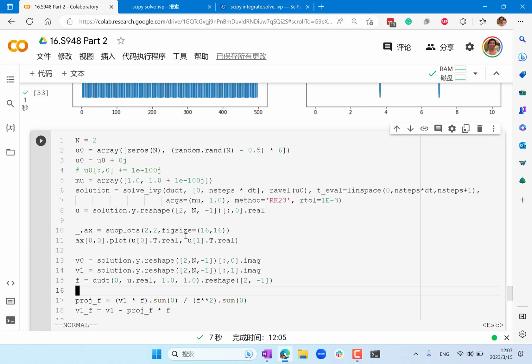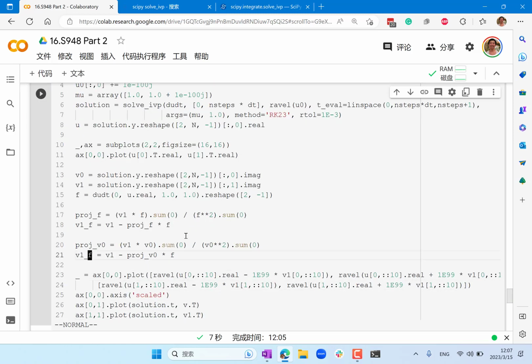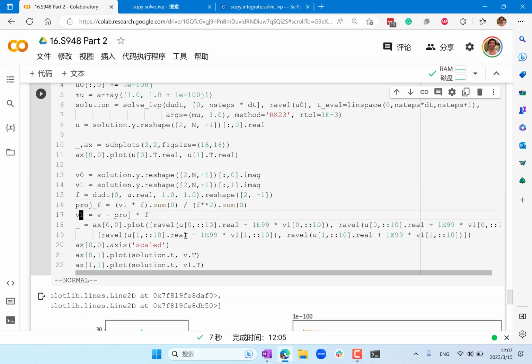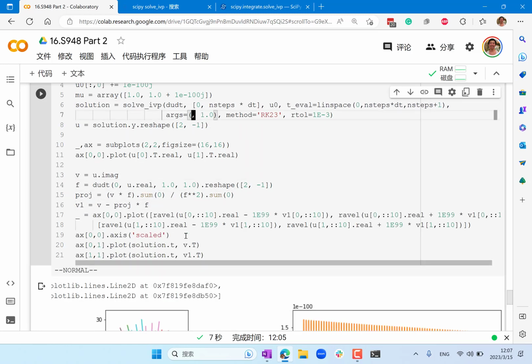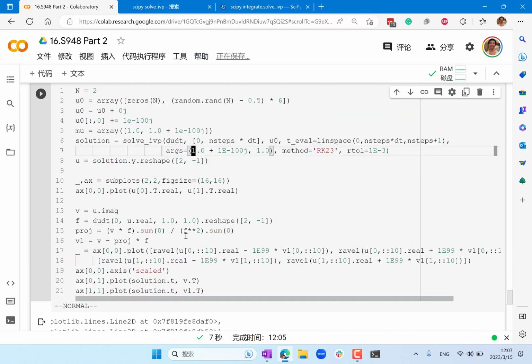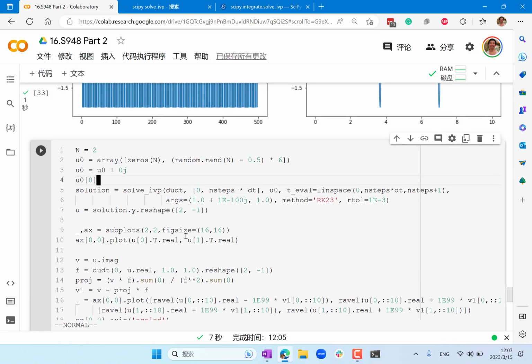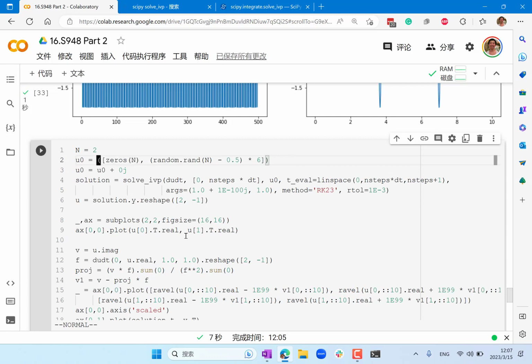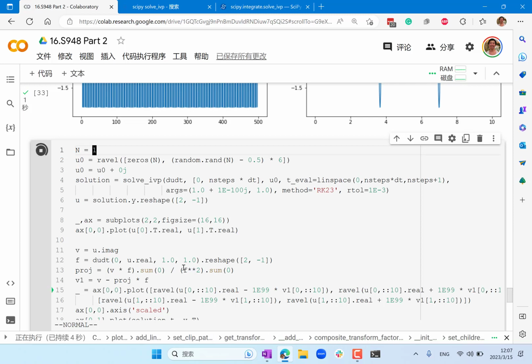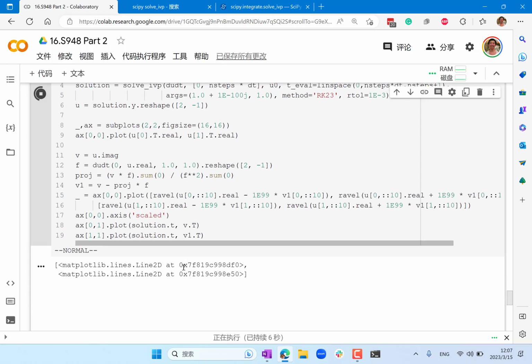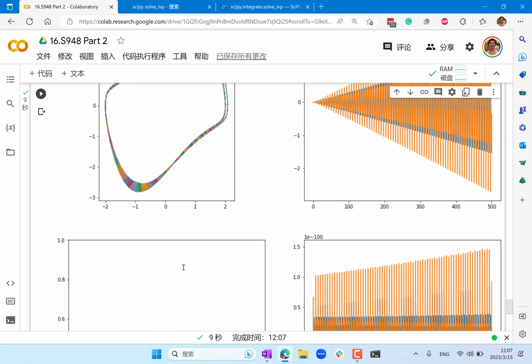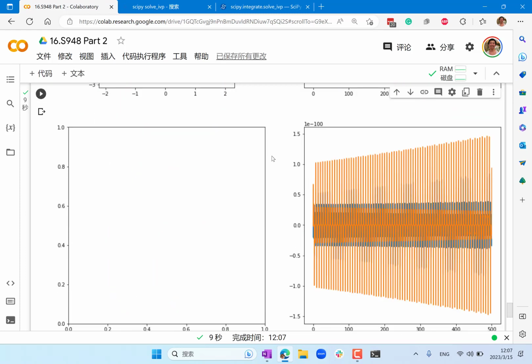Let me go back to our original. Yeah, if we go back to our previous plot, yeah, we get this mildly growing solution.